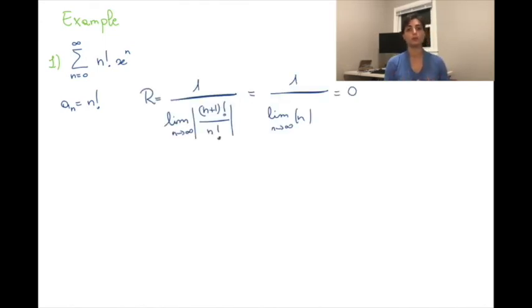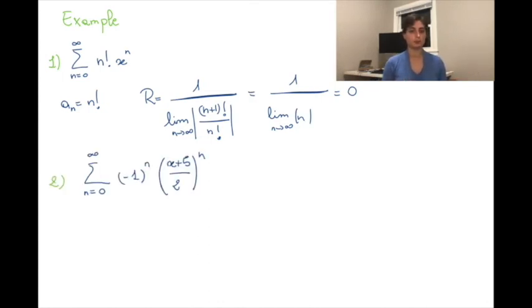We could use one of the definitions for the radius of convergence that we had before, and we notice that the limit for n going to infinity of (n plus 1) factorial divided by n factorial, we can simplify as the limit for n tending to infinity of n. 1 over that is 0. So this power series does not have an interval of convergence outside of 0 itself. It converges at 0, but as soon as you get out of it, you diverge.